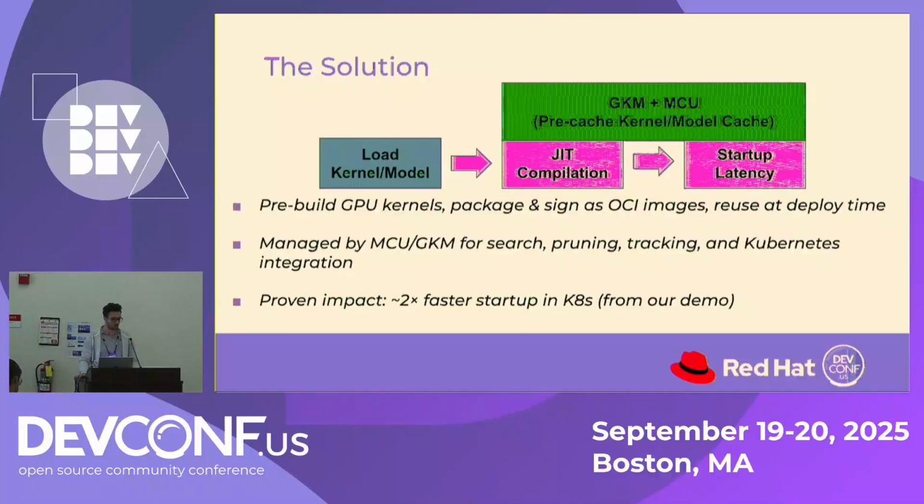We worked on two solutions, MCU, Model Cache Utils, and GKM, the GPU Kernel Manager, which handle search, pruning, tracking, and Kubernetes integration. Maryam will show later in our demo that we get 2 times faster startup in a Kubernetes environment.